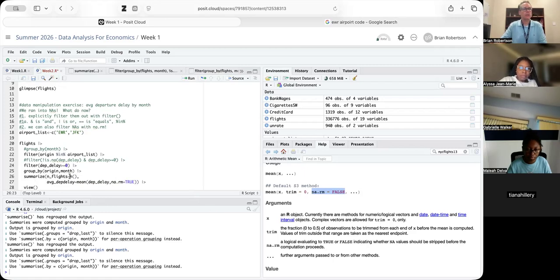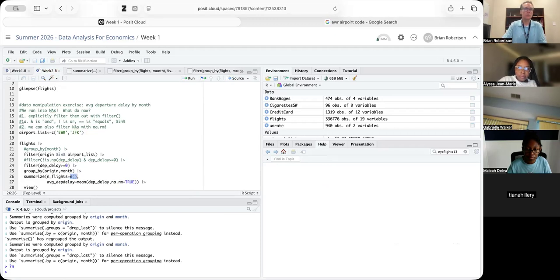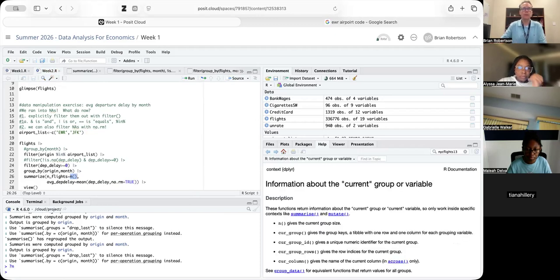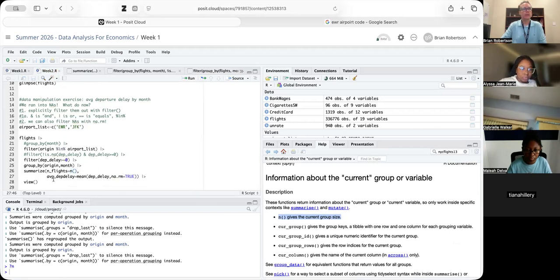So this little n here gives me the number of observations. n gives the current group size, so how many observations I have in the current group.